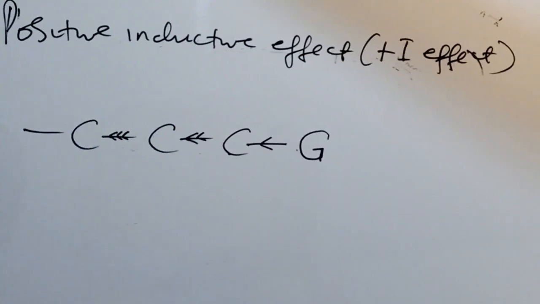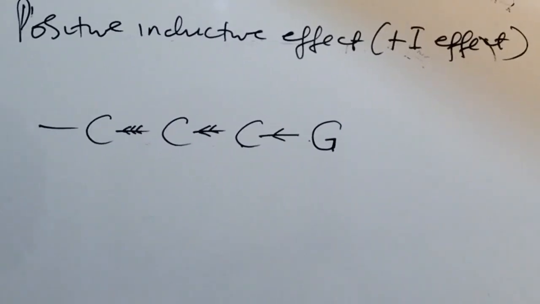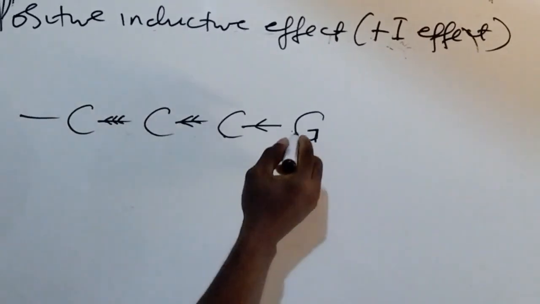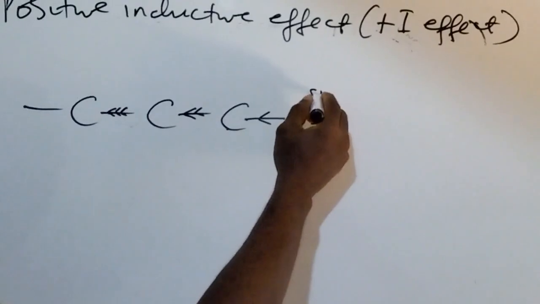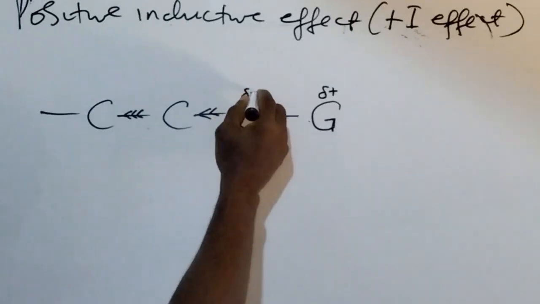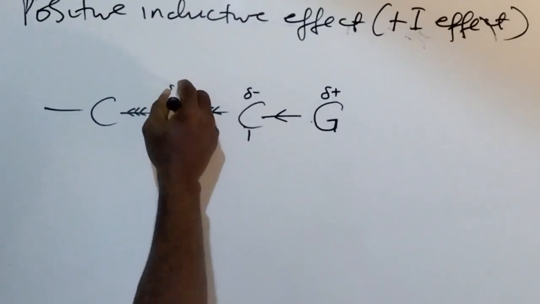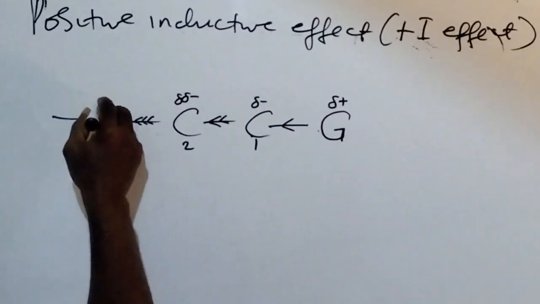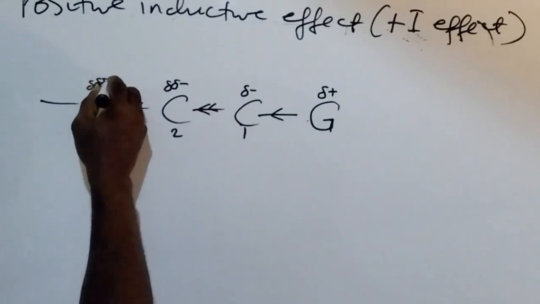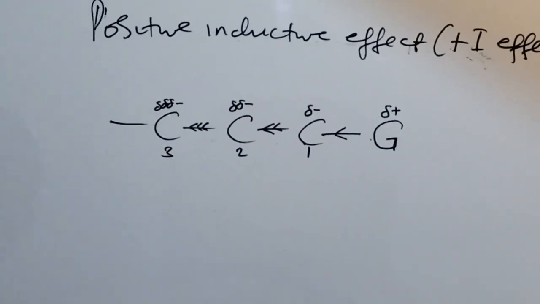In chemistry, when an atom or a group loses electrons, it becomes positively charged, so that makes G partially positive, and it makes this carbon partially negative: the first partially negative, the second partially negative, and the third. So we now have a positive inductive effect.